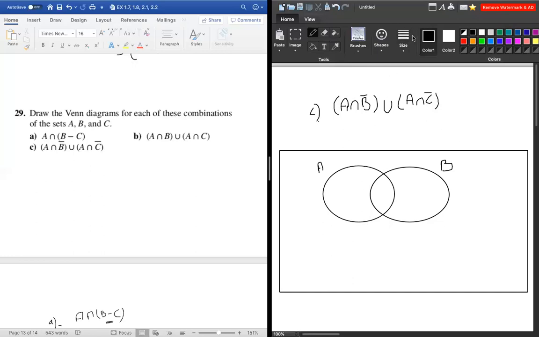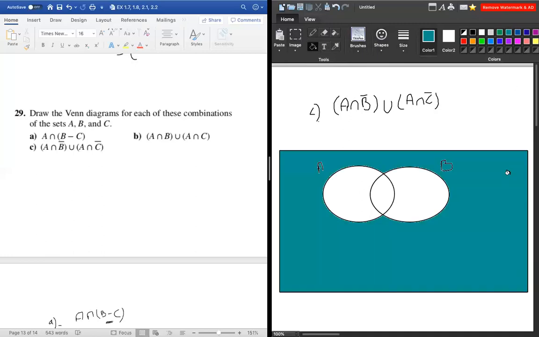If I have to represent the space B complement, maybe I can fill that with color. So right now, the colored part is the B complement space. And then we know that the space that intersects with the part of A is A intersection B complement, right?